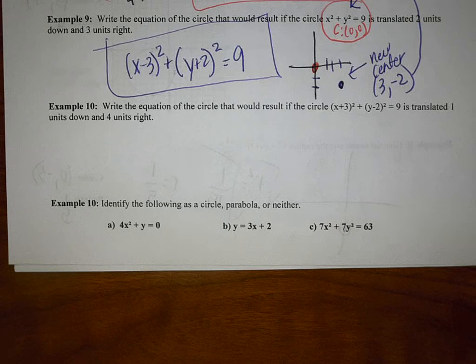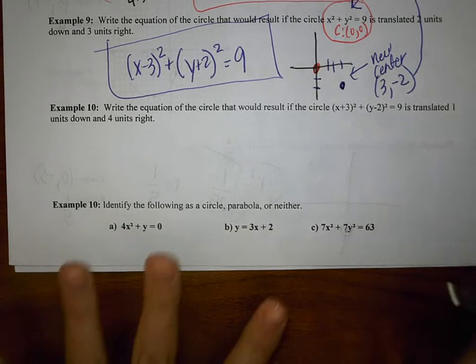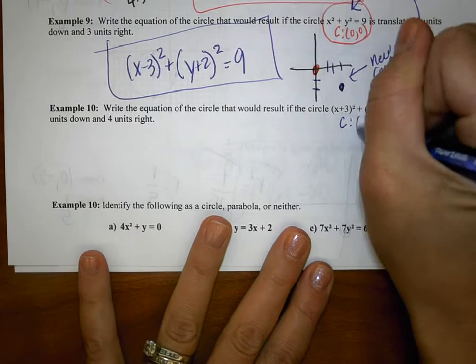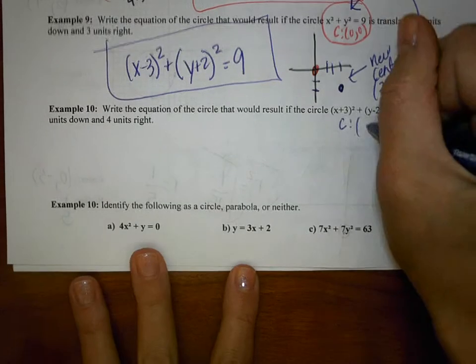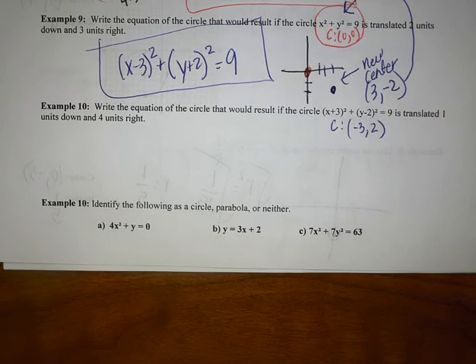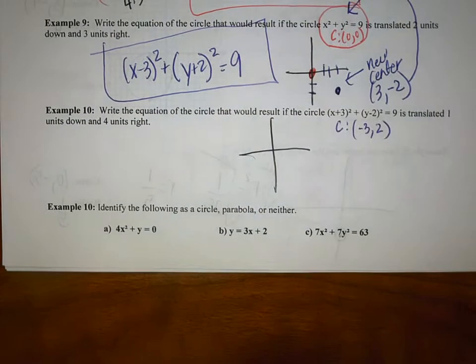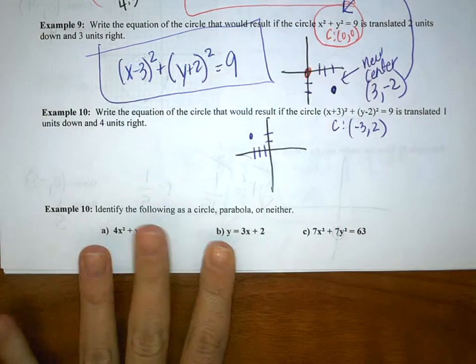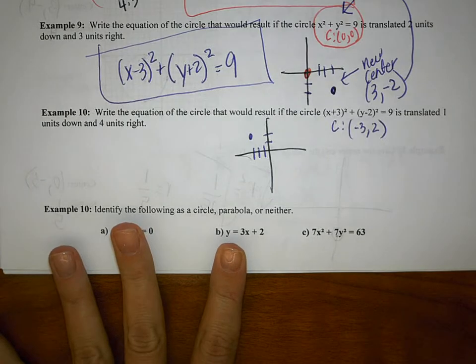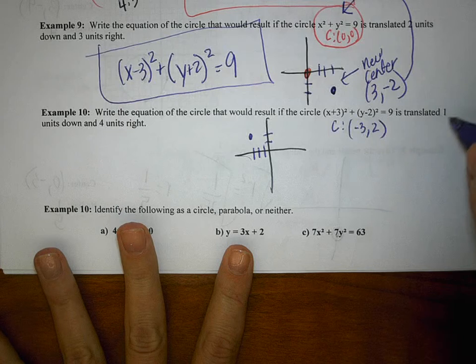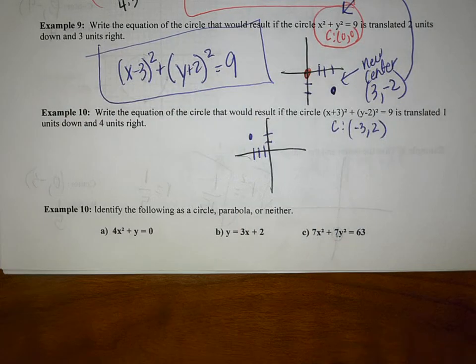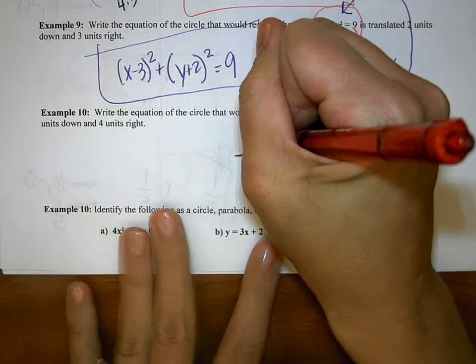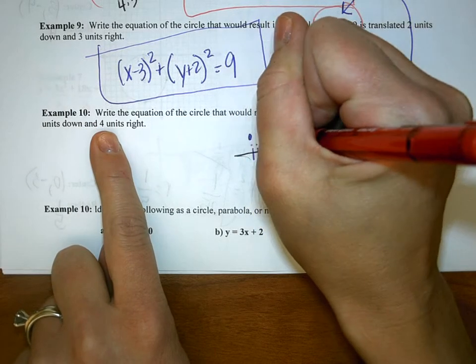Okay, I didn't make it around, I'm sorry. It should have been x minus 1 squared plus y minus 1 squared equals 9. So let's check it out. What is my original center here? Negative 3, positive 2. Okay, so let's make our little graph. Here's my point. That's my original center. Now it says it's translated 1 unit down and 4 right. 1, 2, 3, 4.